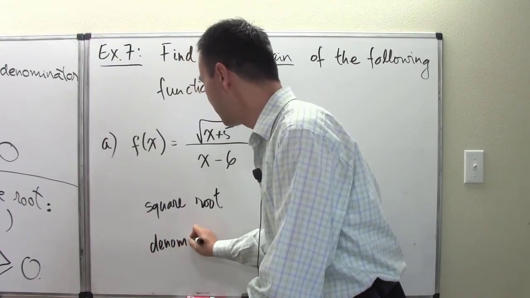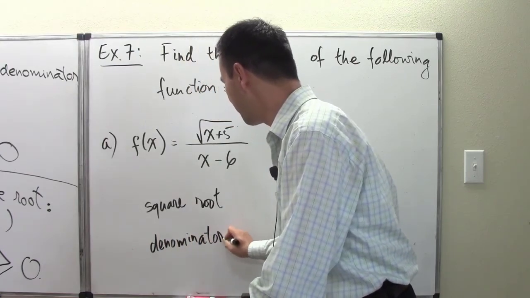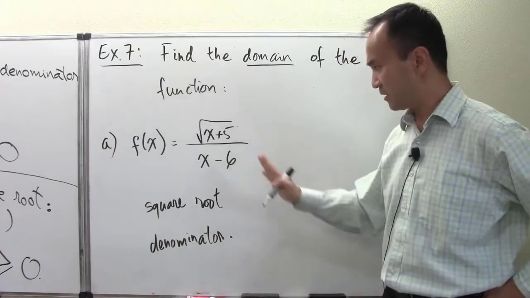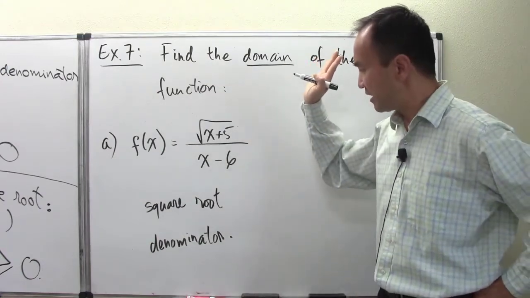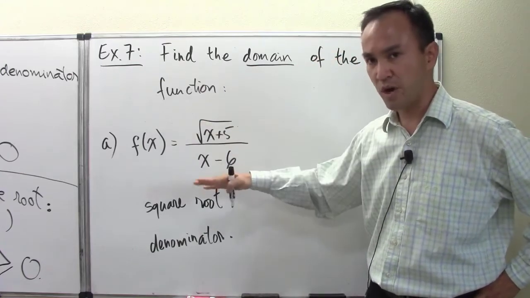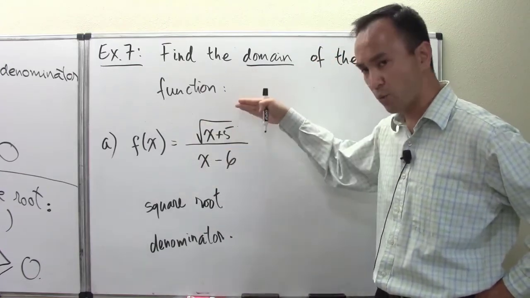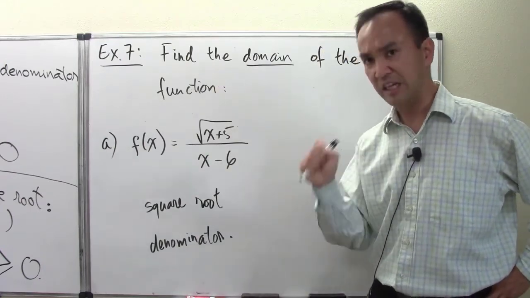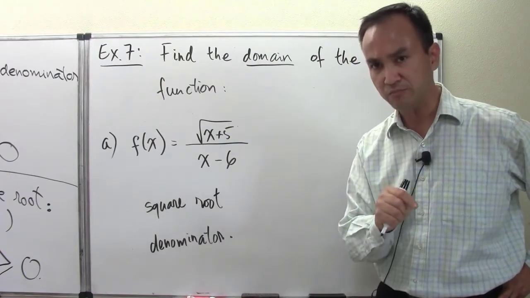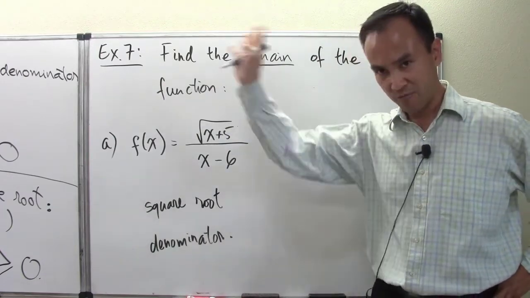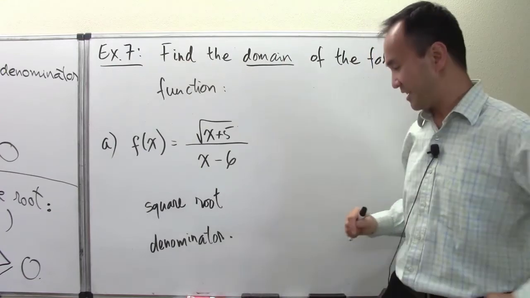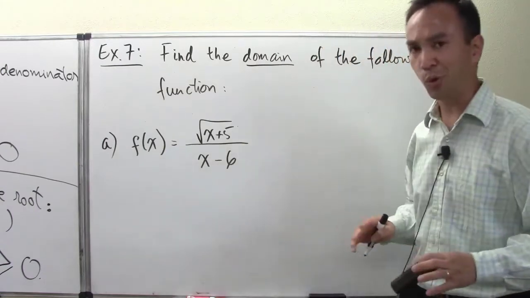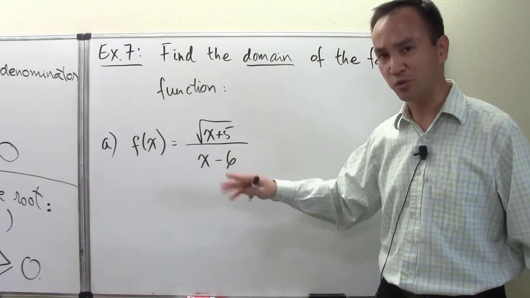And for the square root, it doesn't even have to be specific about where it is located. In this problem, the square root is in the numerator, but that's not the issue. The issue is the square root itself, where we need to meet the requirement I stated on the other board.